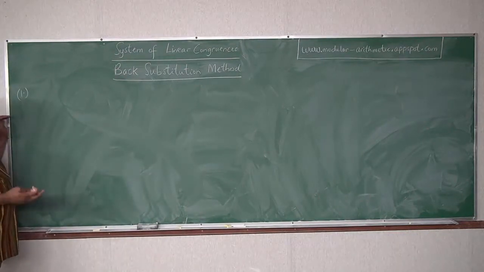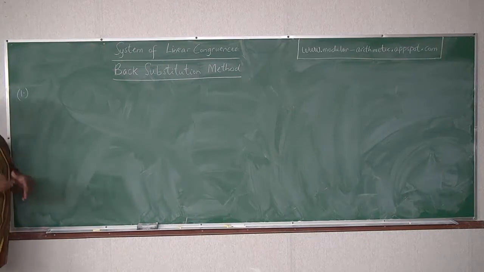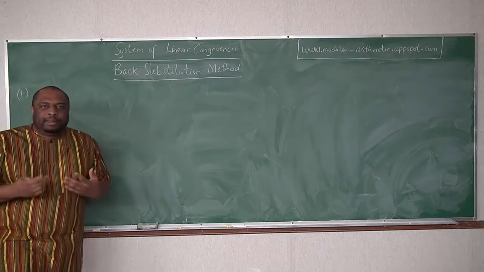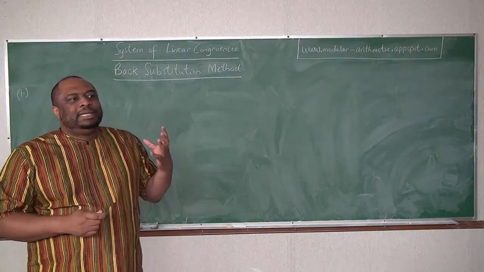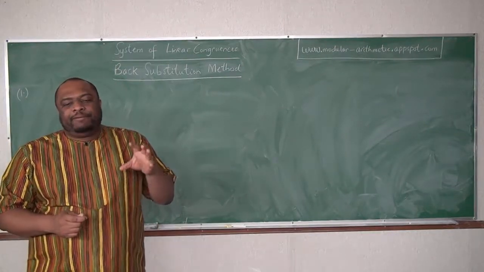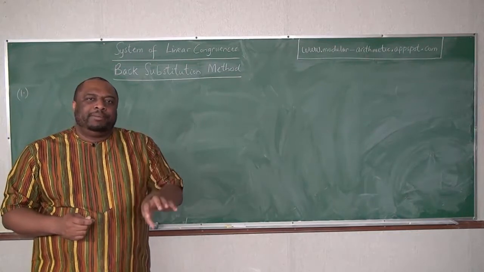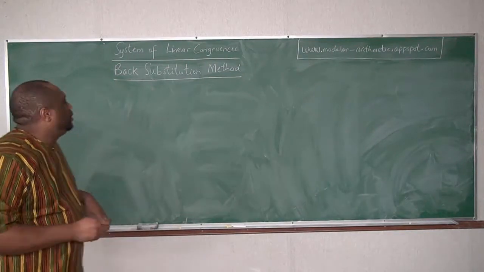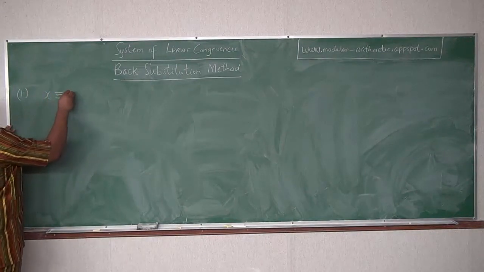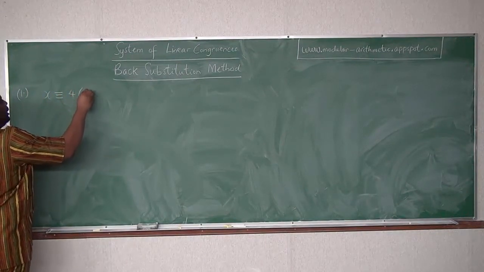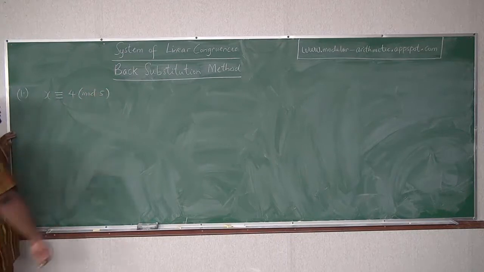So we have a positive integer. When you divide the number by 5, the remainder is 4. So this means that x is congruent to 4 in mod 5.